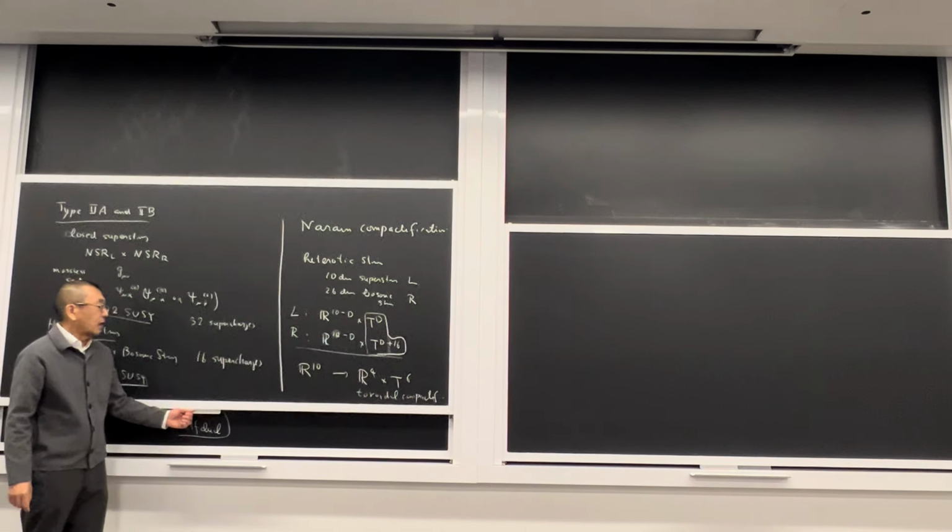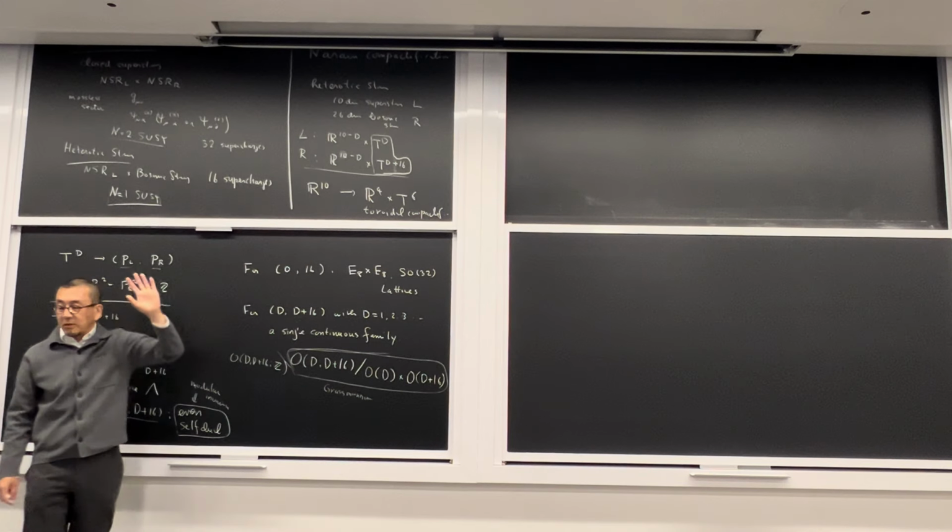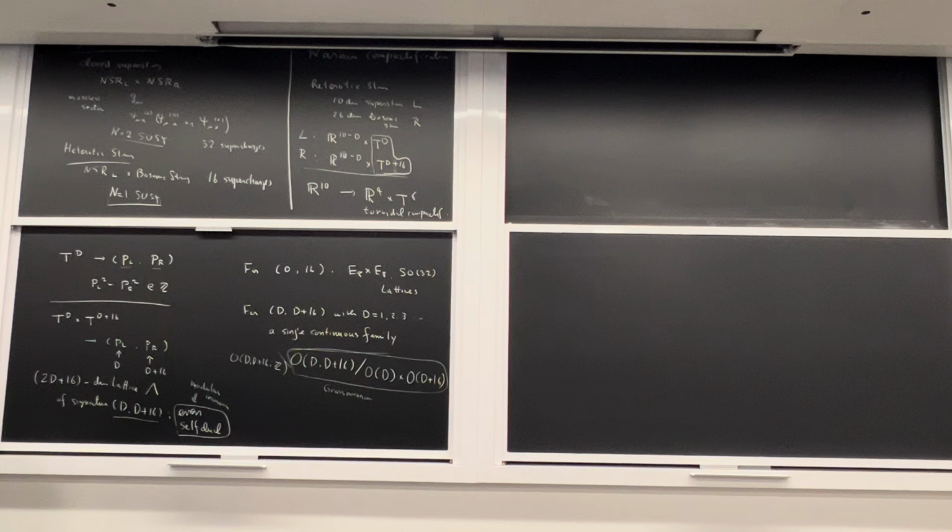As I said, if you have more than N equals 1 supersymmetry, which corresponds to 4 real components, then you cannot have a low energy effective theory which is chiral, and which cannot possibly describe, for example, weak interaction.